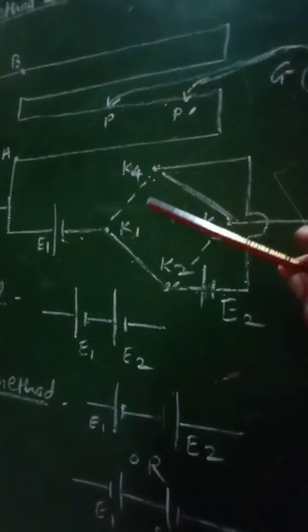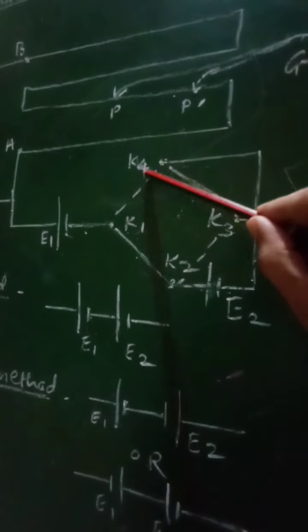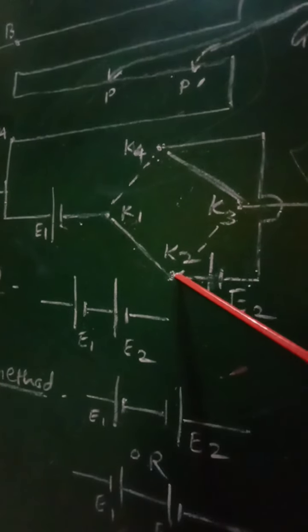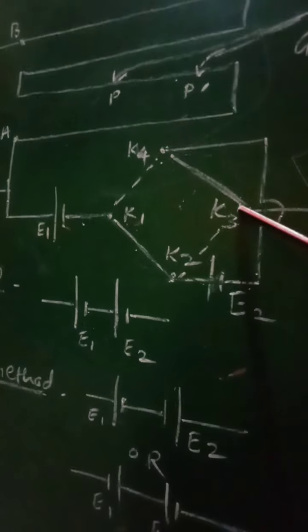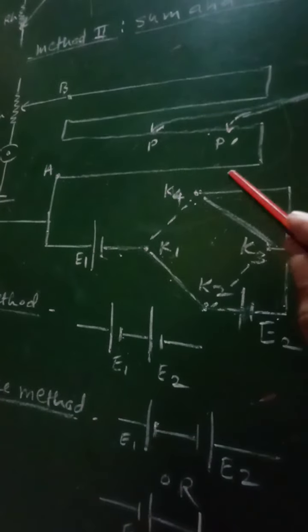In this case the current will pass along this path: E1 to K1, K1 to K4, K4 to E2, E2 to K2, K2 to K3, and then it will enter into the galvanometer and the jockey. Again, when the jockey is touched at different points along the length of the wire, at a particular point P dash the galvanometer shows null deflection or zero deflection.